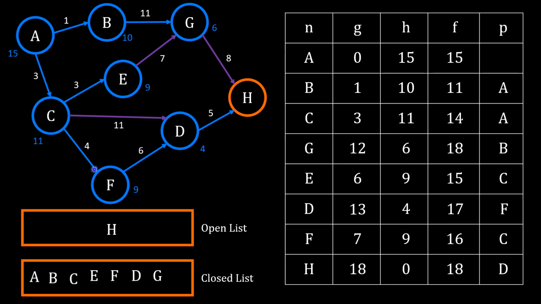We have G left in the open list that we still need to look at. So this is where the admissible heuristic comes in, because we have found a path from A to H. We've found that path from the start node to the goal node.